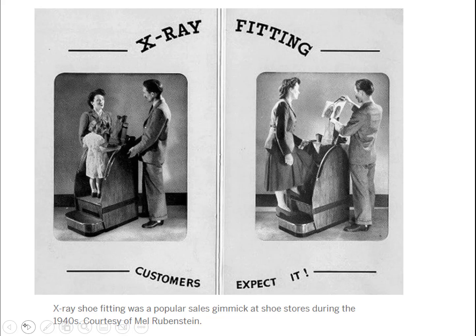So in the 1940s, they used to have X-ray boxes in shoe stores for people to get their feet X-rayed. It was kind of like a gimmick. They would develop it, and you could see the bones in their feet with their shoes on, so they could show you that the shoes fit correctly. They only did this for about 4 or 5 years.